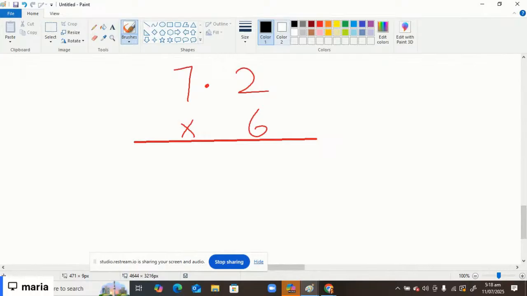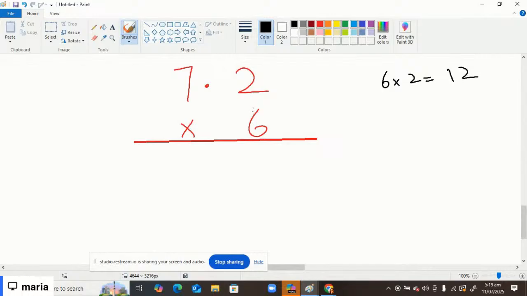When we multiply 6 with the 2, what is the answer? Everyone tell me in the chat, 6 times 2 is 12.